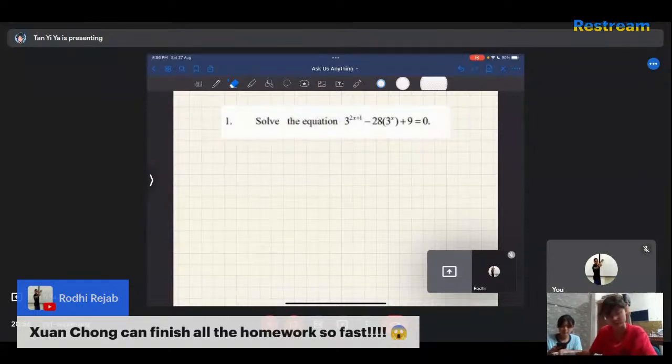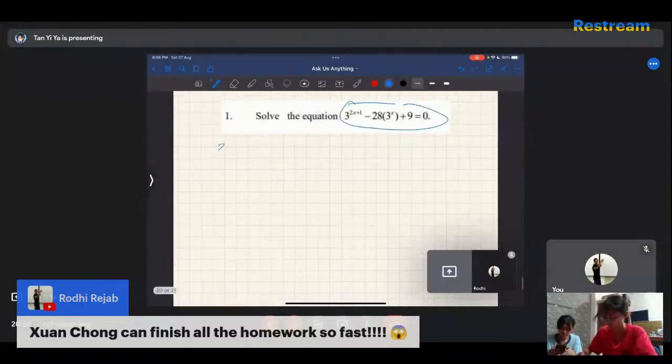Okay, so for chapter 2, solve the equation in this form. Wait a minute. To solve this, I think we have to leave the element 3x behind.